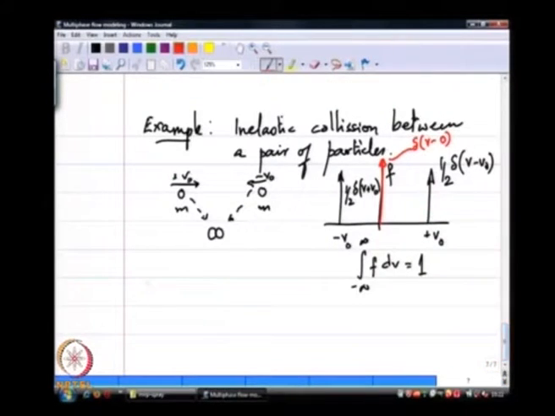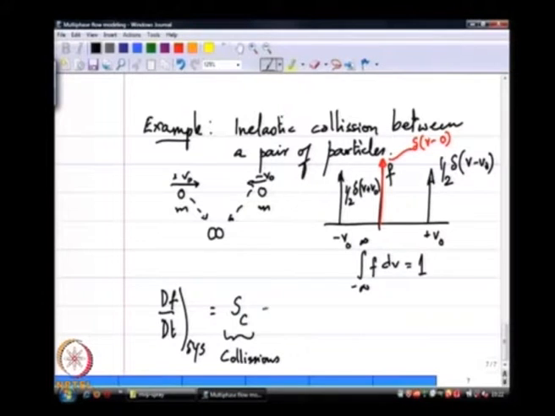So, if I rewrite the system equivalent of this, it has to equal some contributions due to collisions plus any contributions due to changes at the system level.